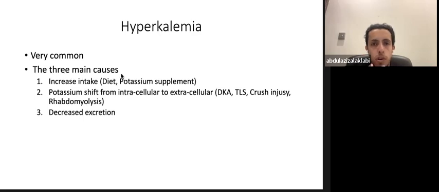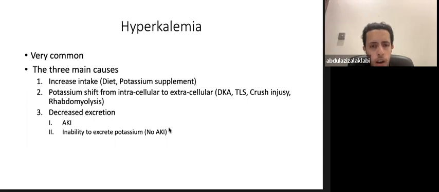is mainly divided into three separate causes. So we can divide it into increased intake, or a potassium shift from intracellular to extracellular, or a decreased excretion. Now, the third cause, which is decreased excretion, could be due to acute kidney injury, as we said beforehand, or the second cause, we can read right here, is the inability to excrete potassium without AKI.